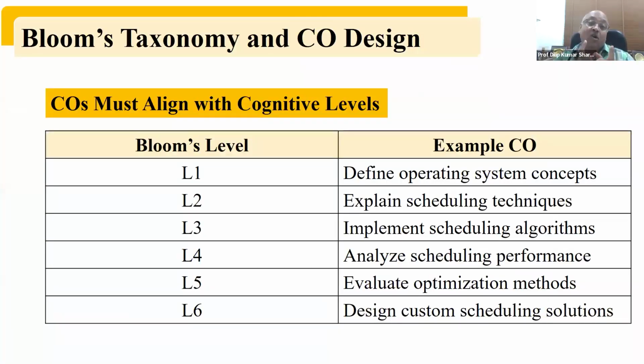So please, this is very important. Your course outcomes must align with the cognitive levels. That means you cannot have course outcomes of only one level. One course must have outcomes from level 4 to 6 as well, unless you are not autonomous.